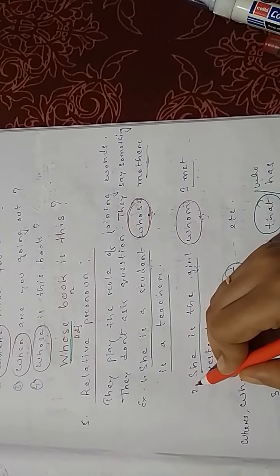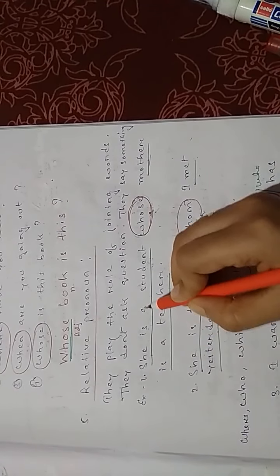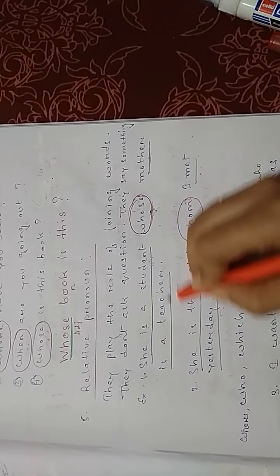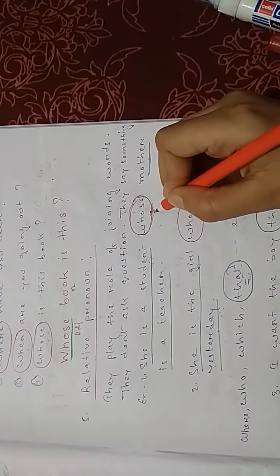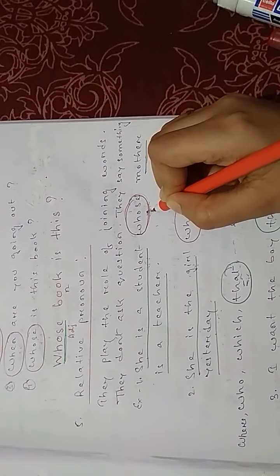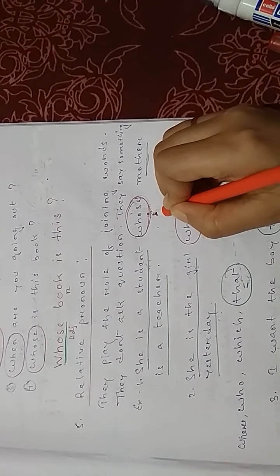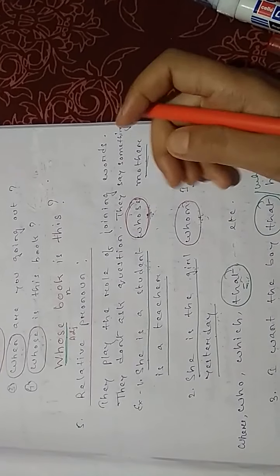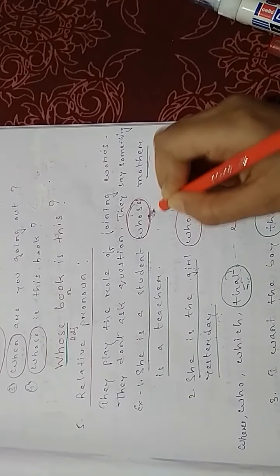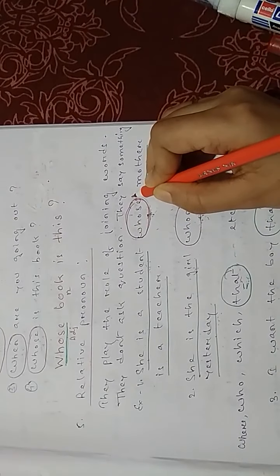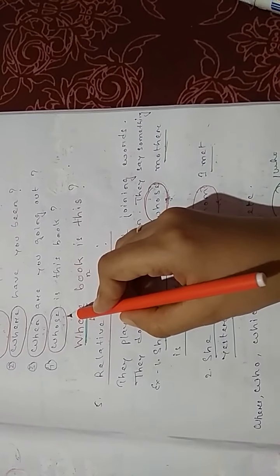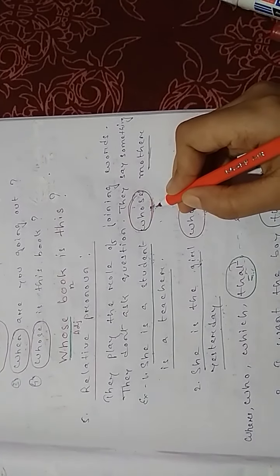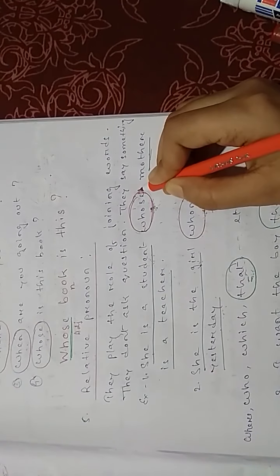Let's look at the example. She is a student whose mother is a teacher. Look at the word whose. Is this word whose used to ask any question? No. This word is sitting in the middle of the sentence, and usually we start a sentence with interrogative words, right? But here it is sitting in the middle of the sentence.